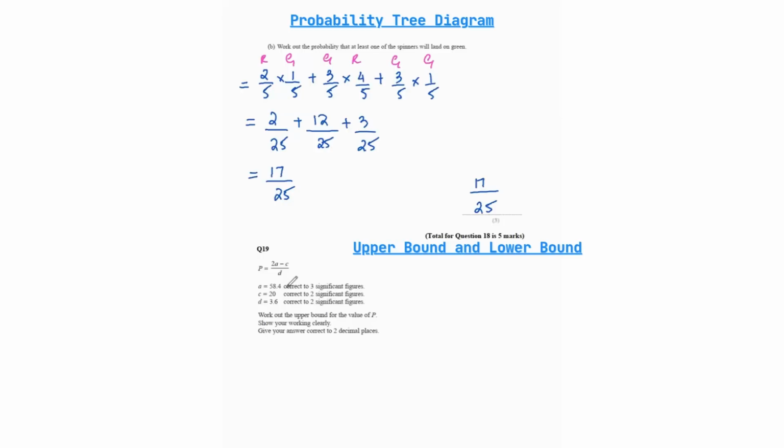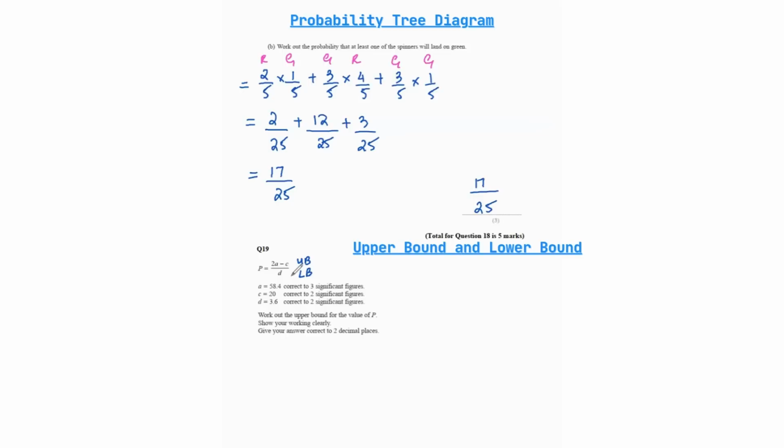So when it's division, and they're asking us to find the upper bound, that means the numerator has to be the bigger value, which means upper bound, and the denominator has to be lower bound. If we divide upper bound by lower bound, then we get the maximum value because we're dividing the bigger value by the smaller value. If we divide lower bound by upper bound, then you're going for the lower bound of P. So in this case, it's going to be upper bound divided by lower bound.